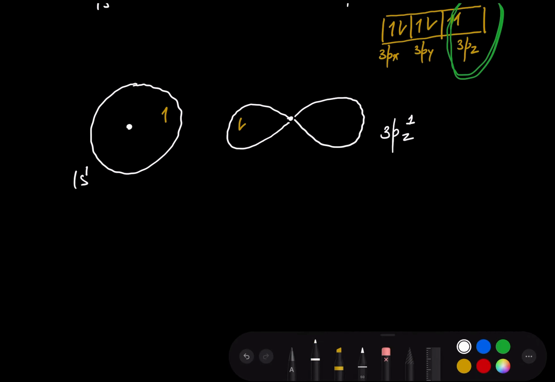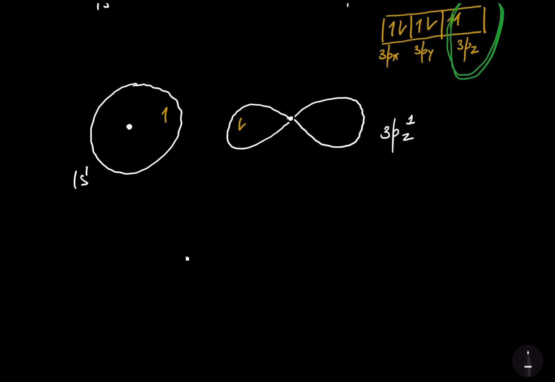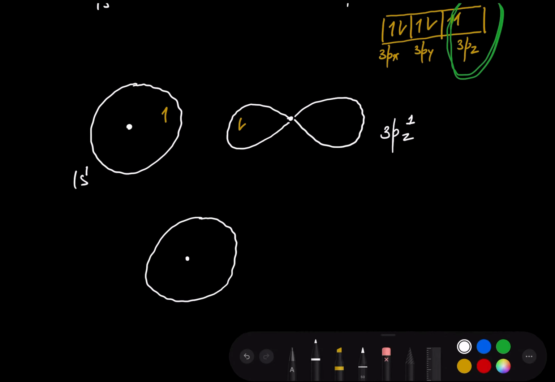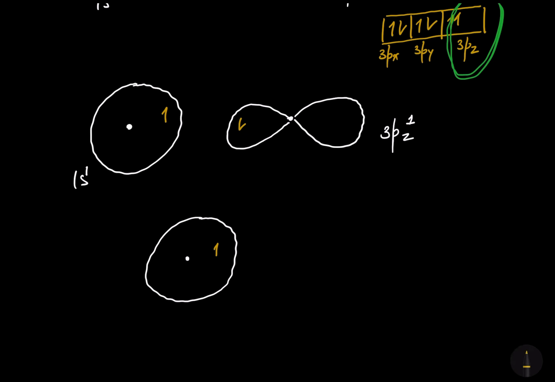So overlapping will be like, this is the nucleus of hydrogen, this is the s subshell with the electron having a spin of plus 1 by 2.